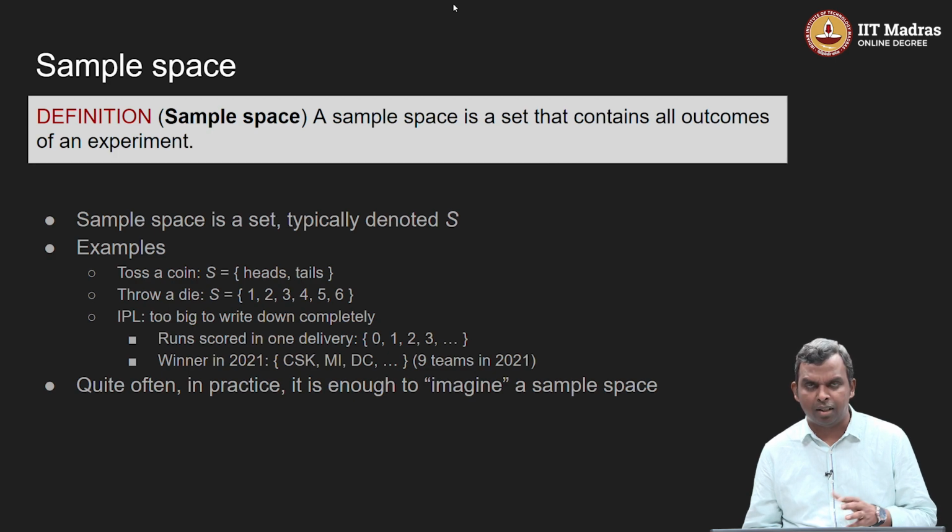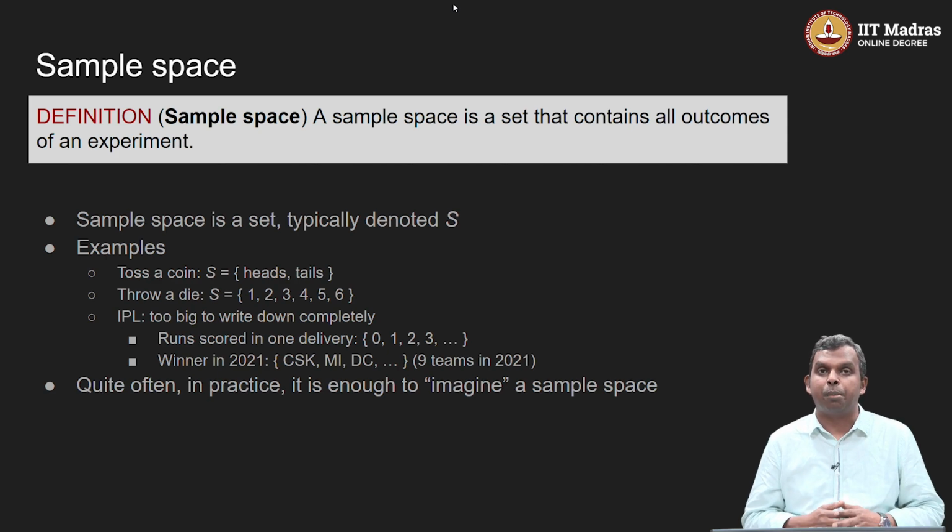It's a very important theoretical construct. The entire probability theory builds on it, but nevertheless, in practice, once you see the problem, you just write down the probabilities and start working with them, as opposed to thinking of sample spaces. But still, it's important to know. Somebody describes an experiment, talks about the outcomes of the experiment, you should be able to identify the sample space of interest to you.